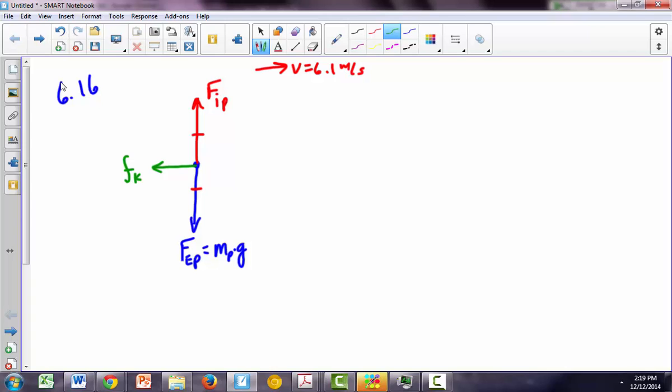This is the unbalanced force right here. We're going to set the unbalanced force equal to the mass of the puck times the acceleration of the puck. The unbalanced force happens to be the kinetic force of friction. Let's go one step at a time.